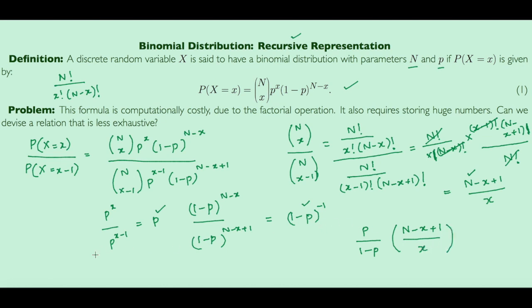So in other words, the probability of X equal to x is equal to the probability of X equal to x minus 1, times p over (1 minus p), times (n minus x plus 1) over x.